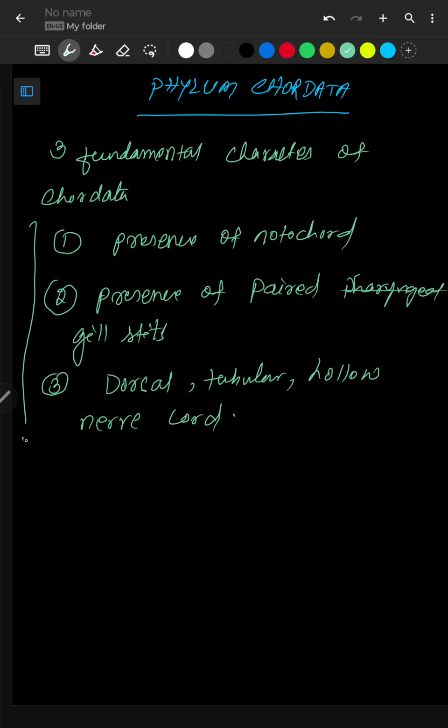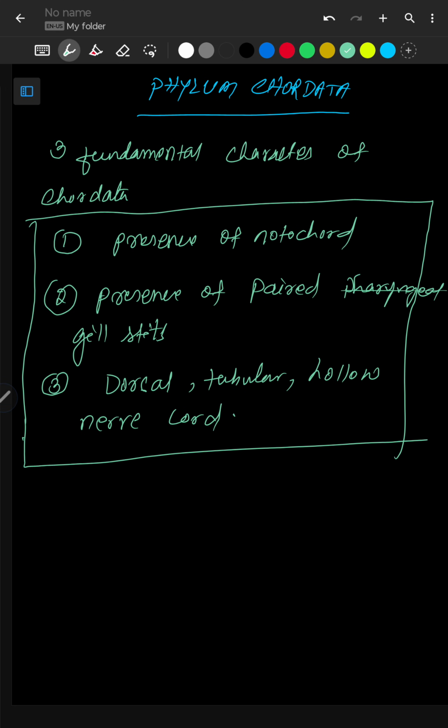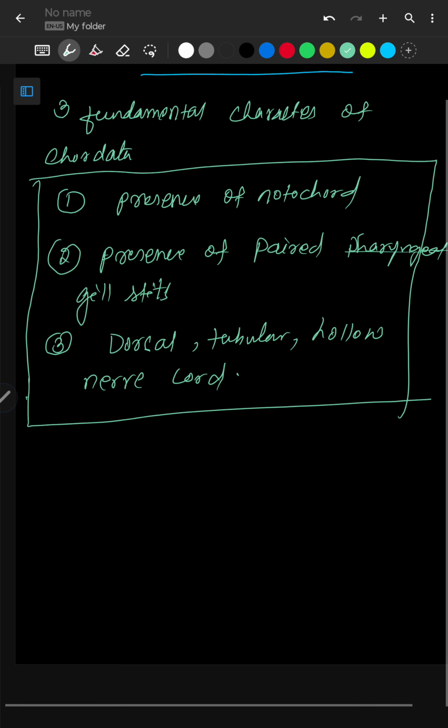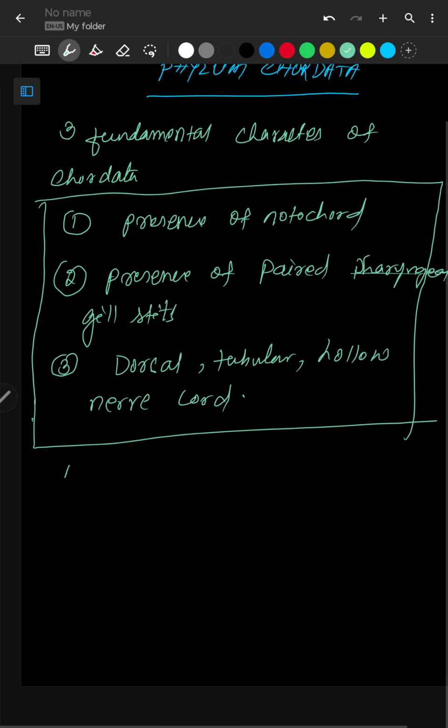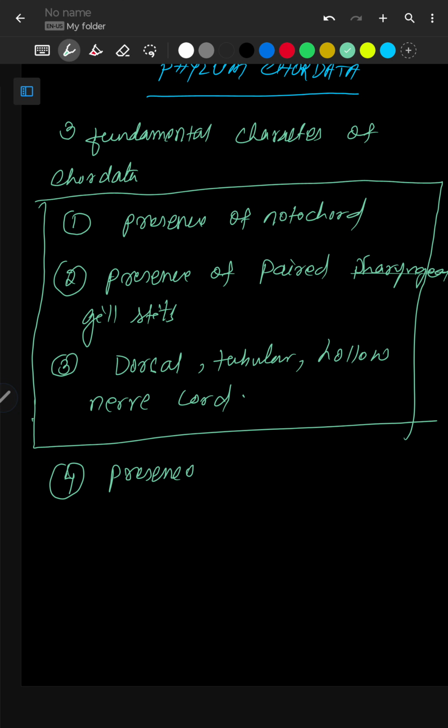But besides these, two other characters are also there which are exclusively found in the chordates. What are they? That is the presence of a post-anal tail, and the fifth one is that the heart is ventral.